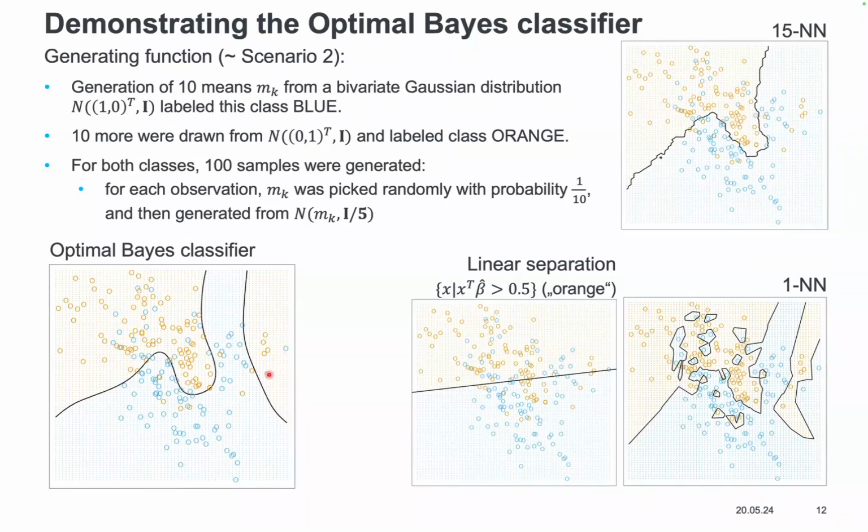Now, what we can do is we can and we will learn about different classifiers. We have already learned about nearest neighbors. So this would be a 15 nearest neighbors approach. And this would separate the very same data set that we see here on the left into two regions, a yellow one and a blue one.